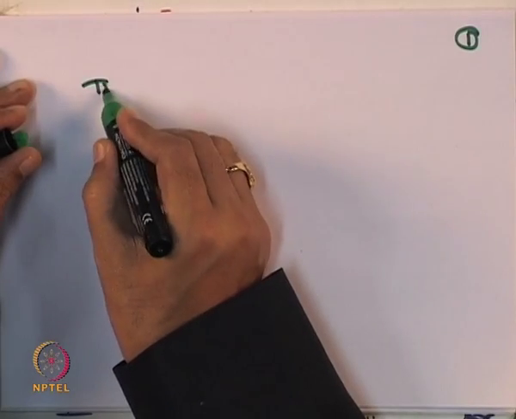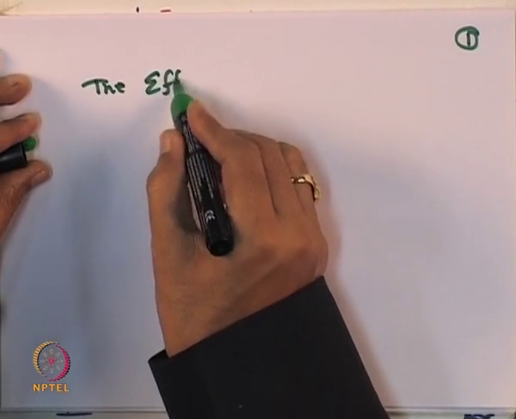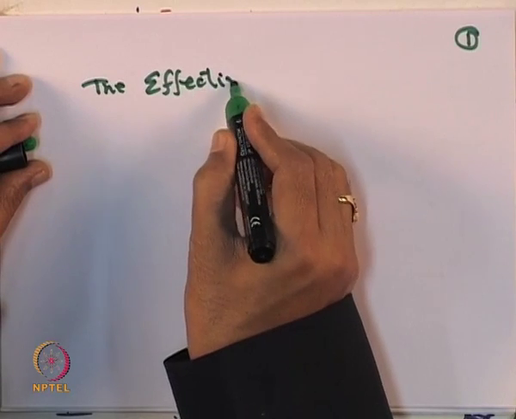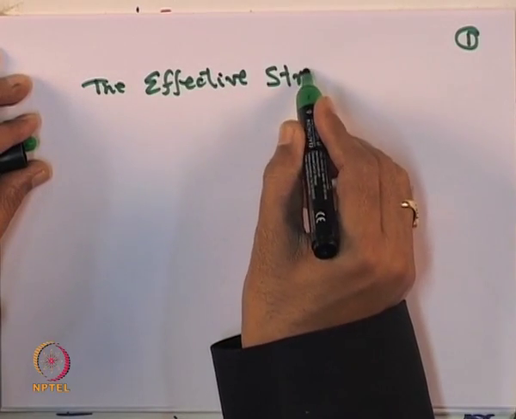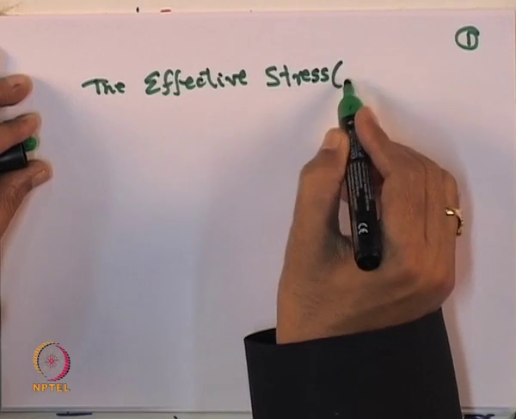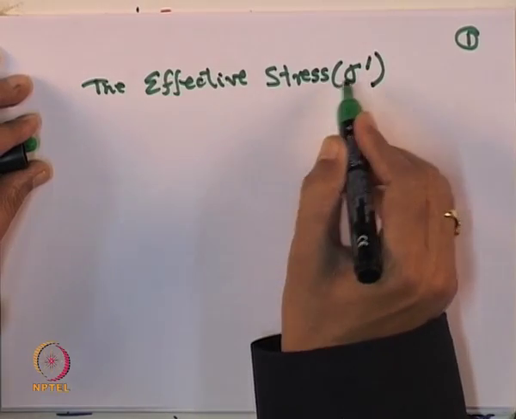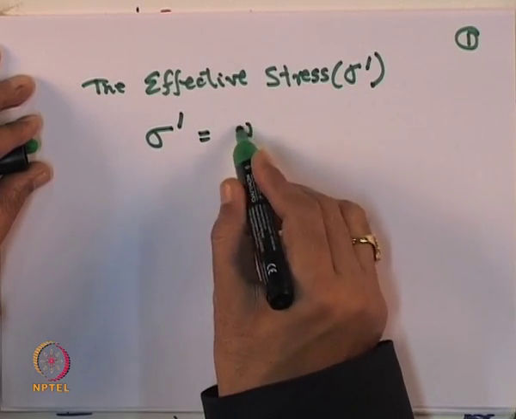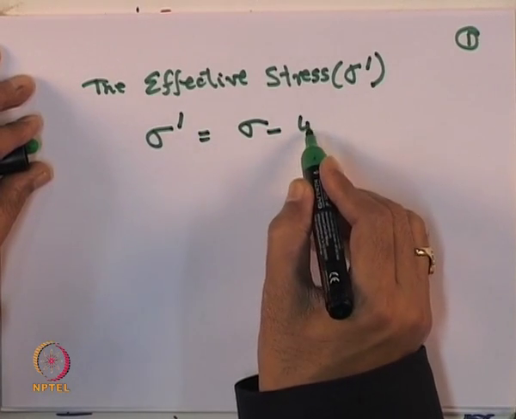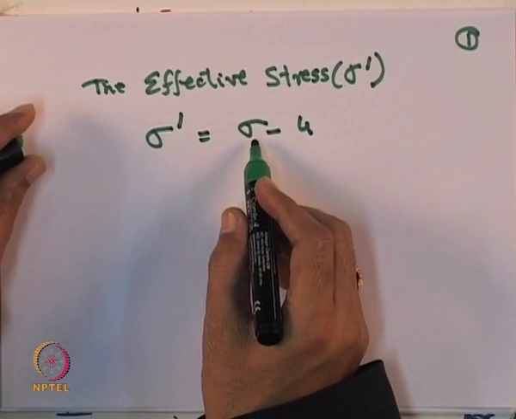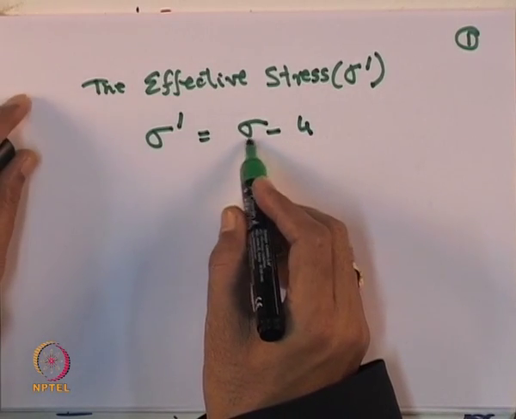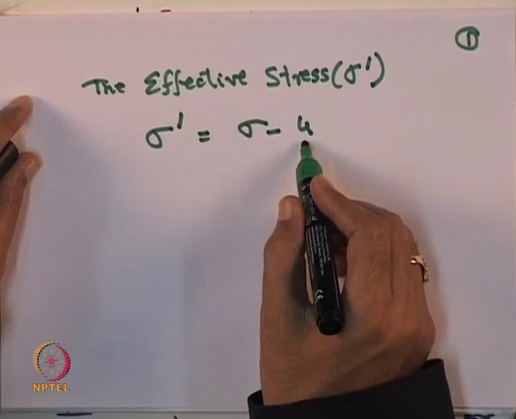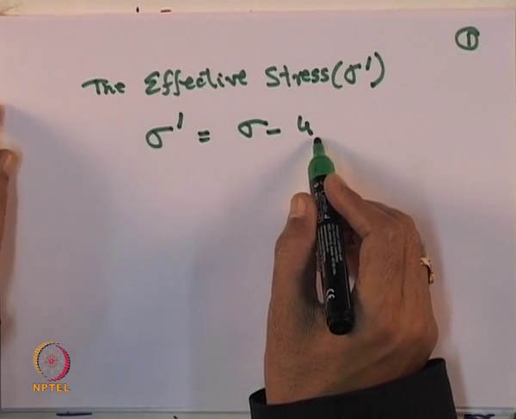So, the effective stress is designated as sigma dash, and can be expressed as sigma dash is equal to sigma minus u, where sigma is the total stress and u is the pore water pressure.